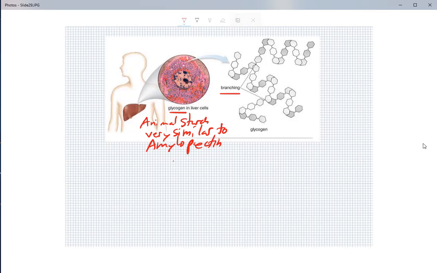But the difference between amylopectin and glycogen isn't just because glycogen comes from animals and amylopectin comes from starch. Animal starch, or glycogen, is branched about twice as much, so branched about every 10 to 12 glucose units.